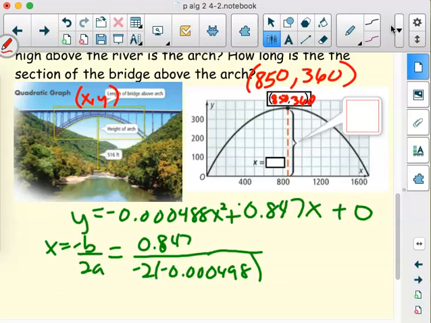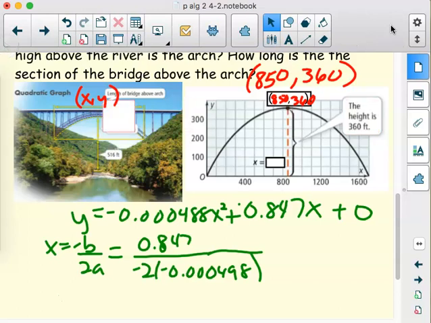All right, well, now our job is to actually answer their question. And we can see here that what we just found was the height, that 360. But then I remember from the picture, from the river up to the bottom of where we were calculating that arch is 516.